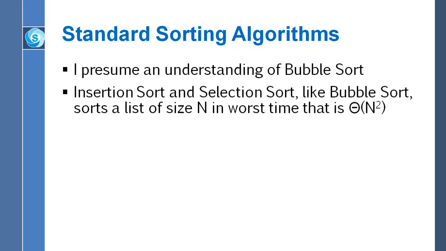So along with bubble sort, there were two other very standard, if I might say, somewhat simple-minded sorting algorithms, and you very likely encountered at least one or both of these by the names of selection sort and insertion sort.